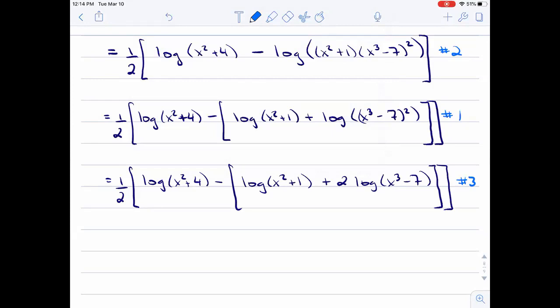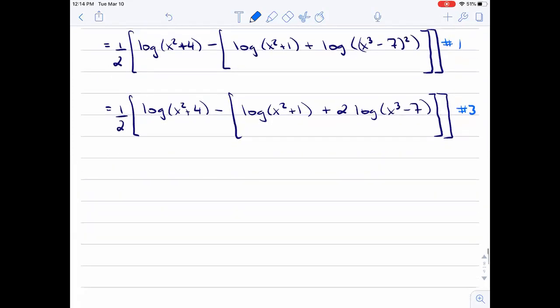Okay. I can simplify this a little bit by bringing in that negative, but other than that, there's nothing that I'm going to do here. I'm just kind of stuck. Even if you ended here, that would be fine, right? But I'm just going to get rid of those square brackets on the inside at least.